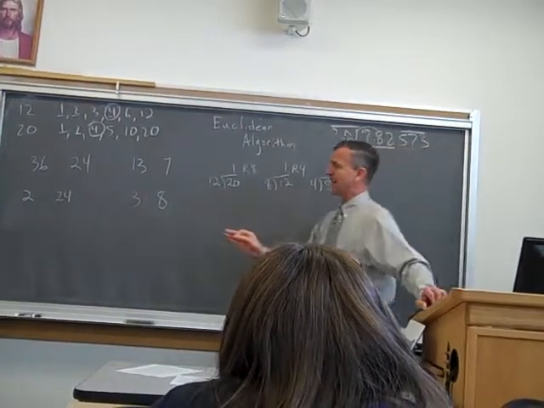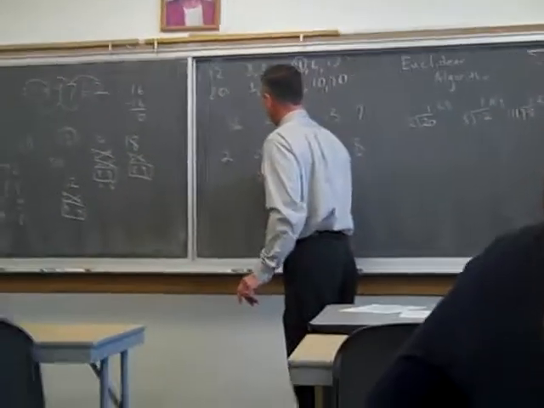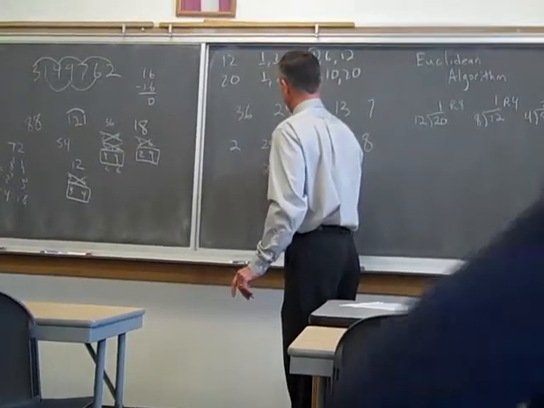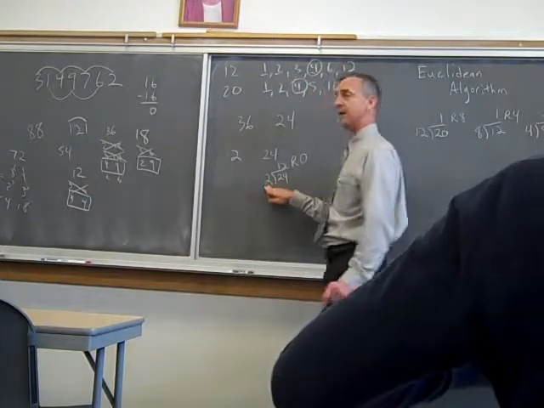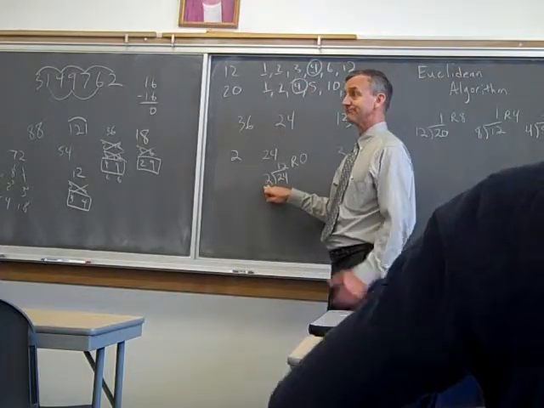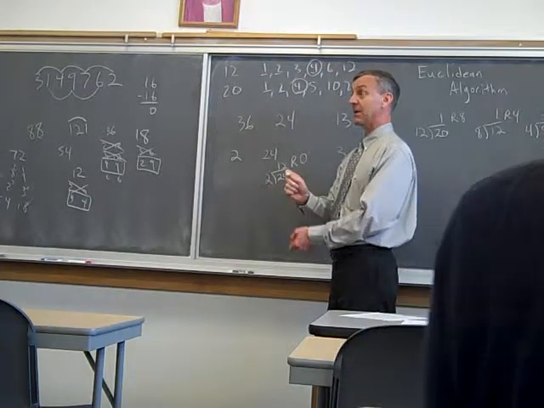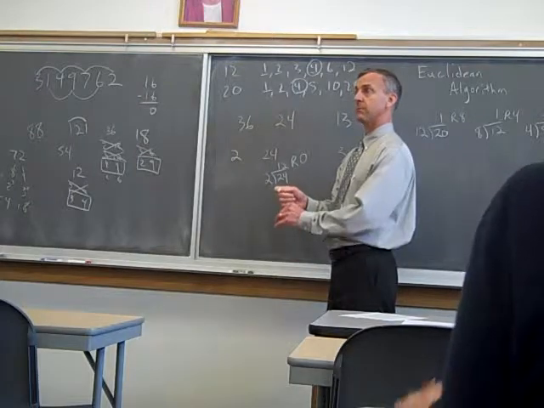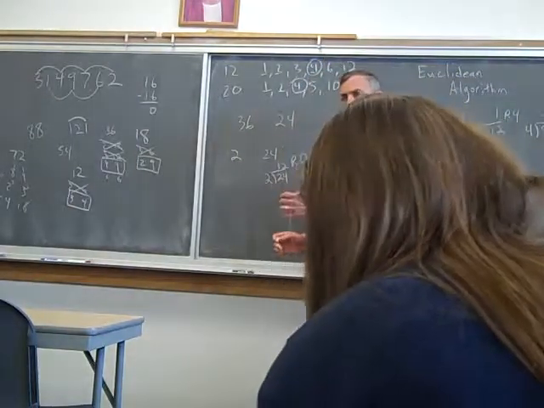And basically what that is, it kind of cuts to the quick here. 2 goes into 24 12 times with a remainder of 0. So it is my last divisor, 2. That's faster than snapping off 2, throwing it away off the bottom, snapping off 2 off the bottom and throwing it away until you keep getting that down.